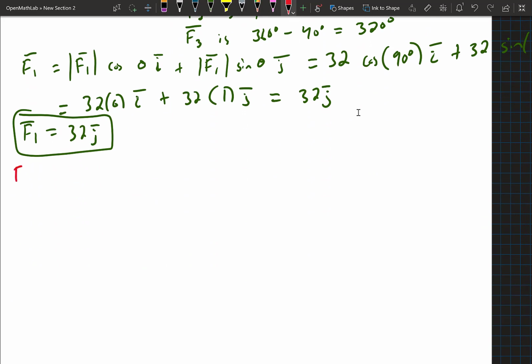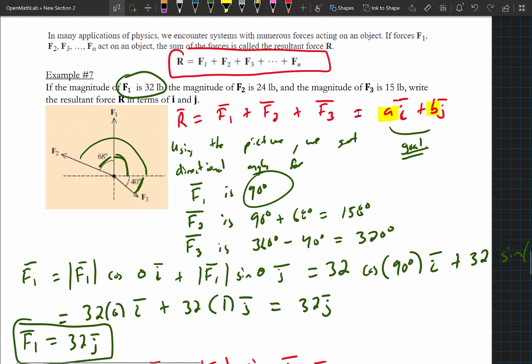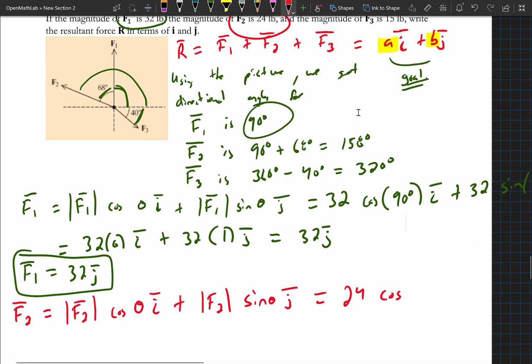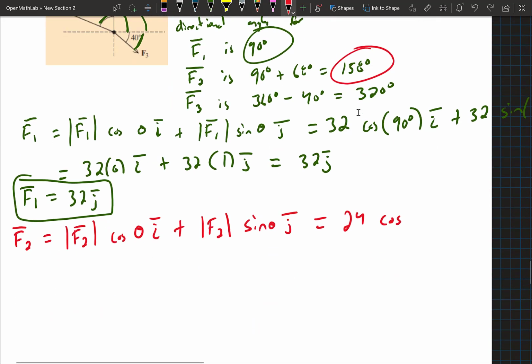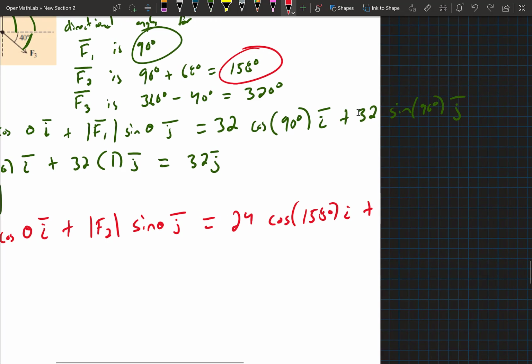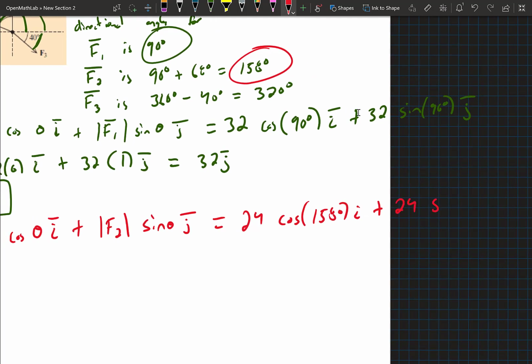Then we need to do some work for F2. F2 is equal to the magnitude of F2 times cosine theta times i plus the magnitude of F2 times sine theta times vector j. The magnitude of F2 is 24 pounds, and theta is 158 degrees. So we have 24 times cosine of 158 degrees times i plus 24 times sine of 158 degrees times vector j.